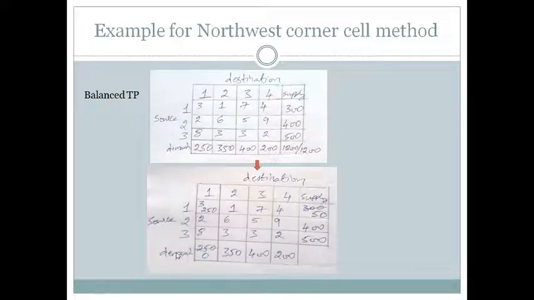In this case the demand has become 0, and the demand is part of the first column, so you remove this column, and whatever is left of the matrix you carry to the next step.